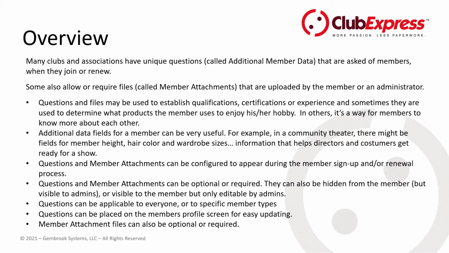So you can ask questions of your members, and we call these additional member data. And some organizations also require files, and these are called the member attachments. These are uploaded by the member or an administrator. And both additional member data and member attachments are part of the user's profile, so they stay with the user.